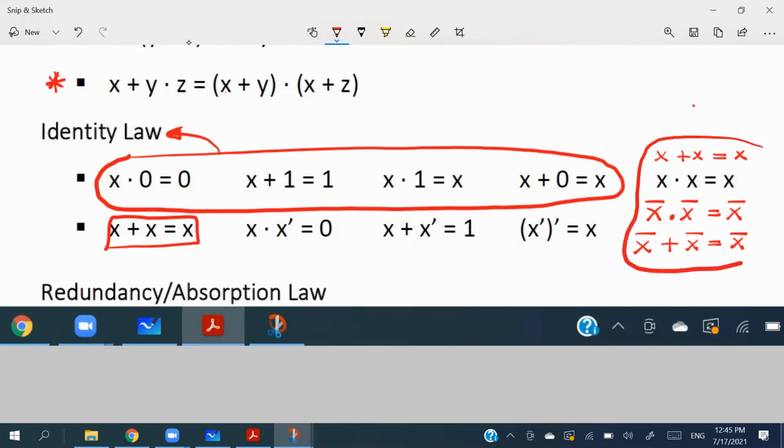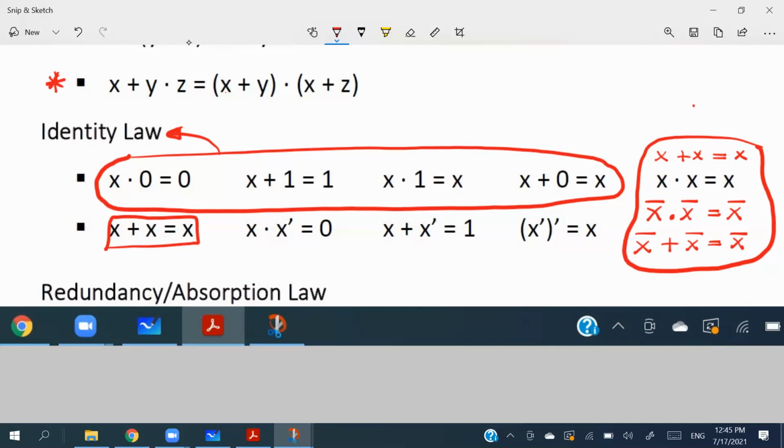Can you find any pattern inside this? The left hand side has identical variables. X is added with an x. X is multiplied with another x. X bar is multiplied with x bar, and again x bar is added with another x bar.